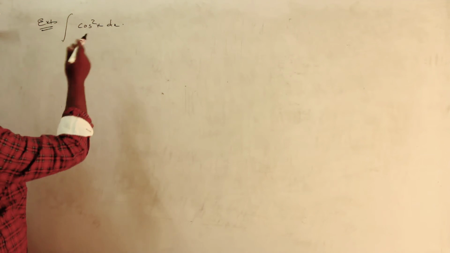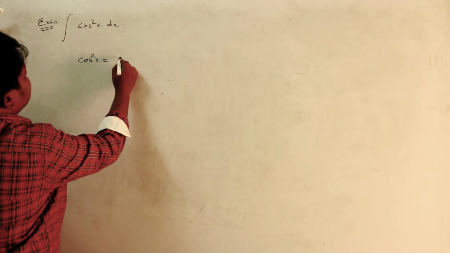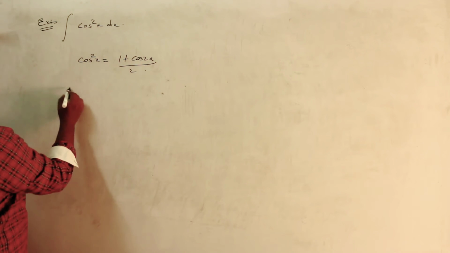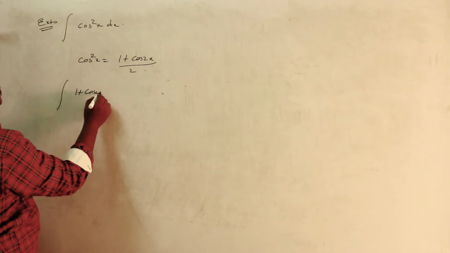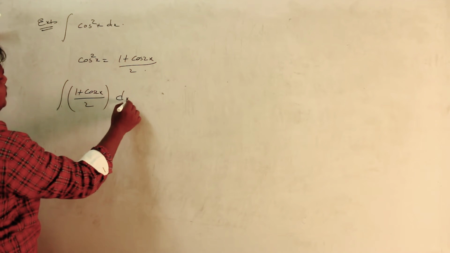In the case of trigonometric relations, again we have the relation cos square x is equal to 1 plus cos 2x divided by 2. So just substitute this relation here.